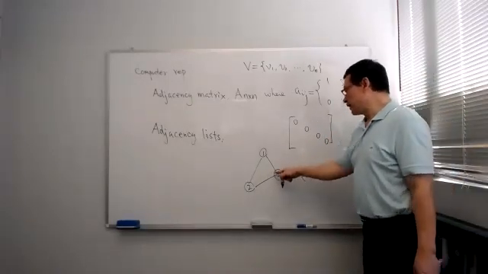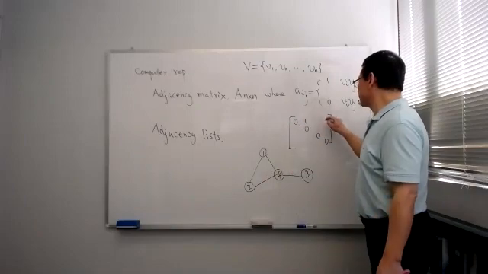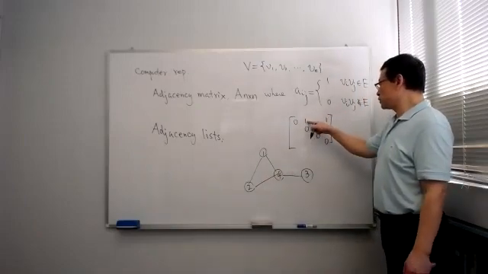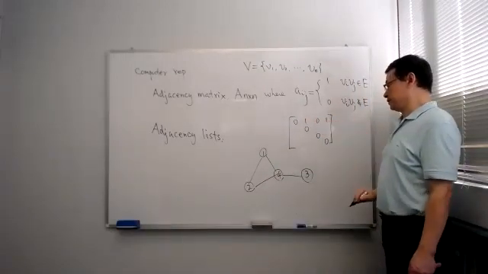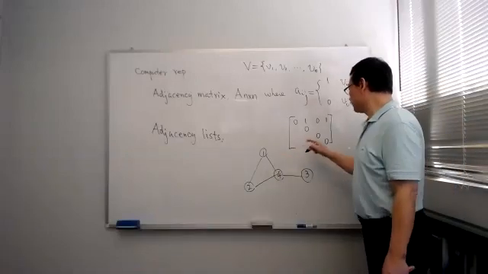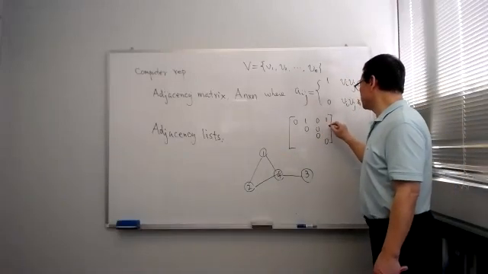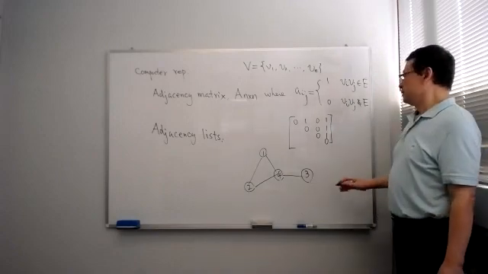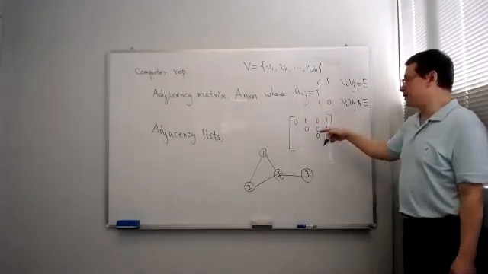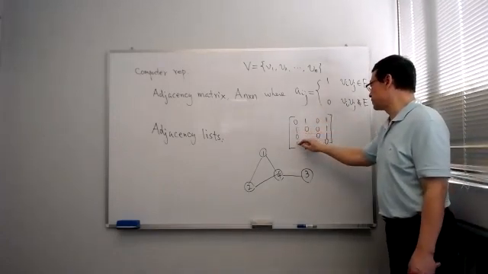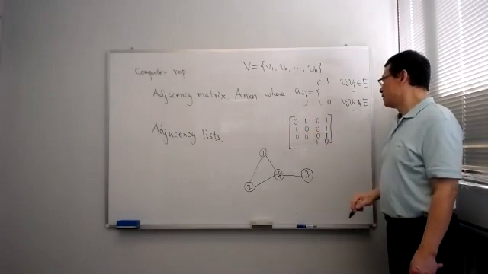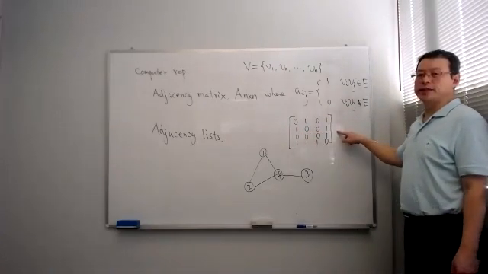B1 is adjacent to 2 and 4. B3 is adjacent to 4 only, so this one is 0. B2 is adjacent to 1 and 4, so 0, 1, 1. The triangle looks like this, and it actually is symmetric. So that's the adjacency matrix representation.